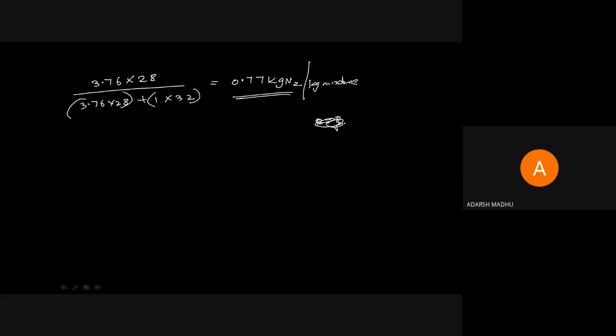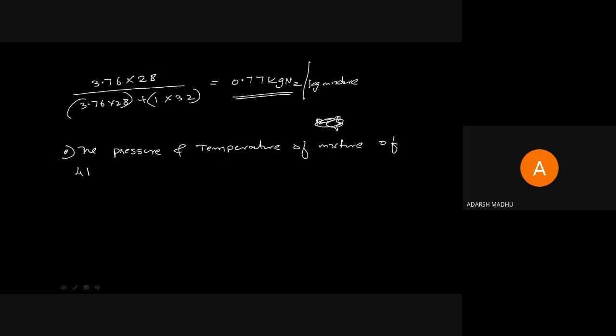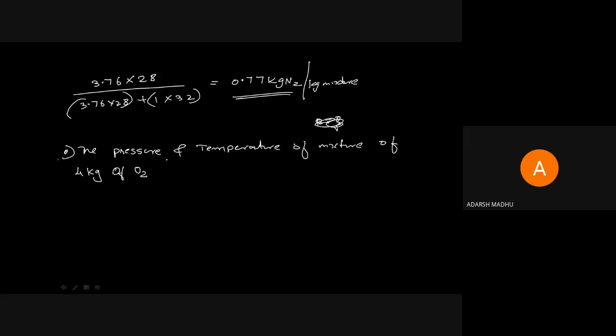So please write down: the pressure and temperature of a mixture of 4 kilogram of O2 and 6 kilogram of N2, oxygen and nitrogen.